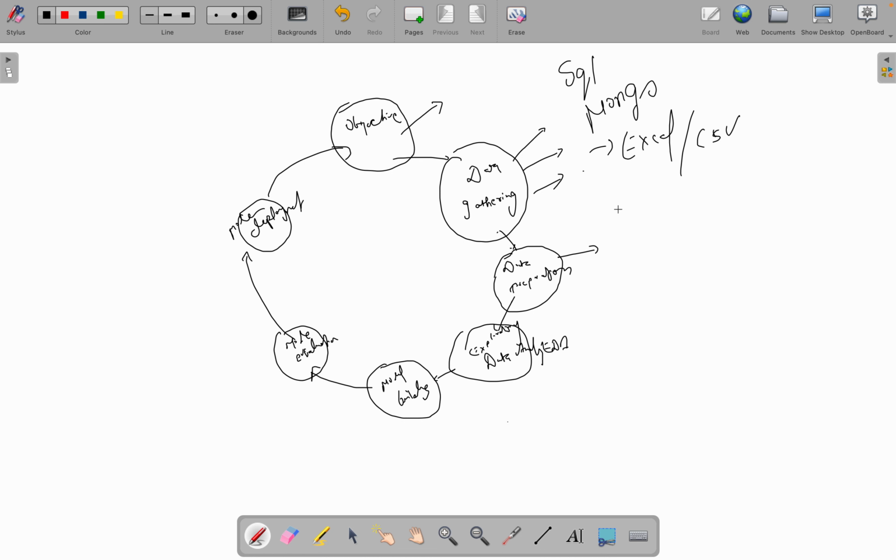Then data preparation. Here you have to do missing value treatment, and remove duplicate records. These kinds of things we do. Now it comes to EDA, the main part where you are going to spend most of your time working as a data scientist. So you have to do visualization: what is my data saying?